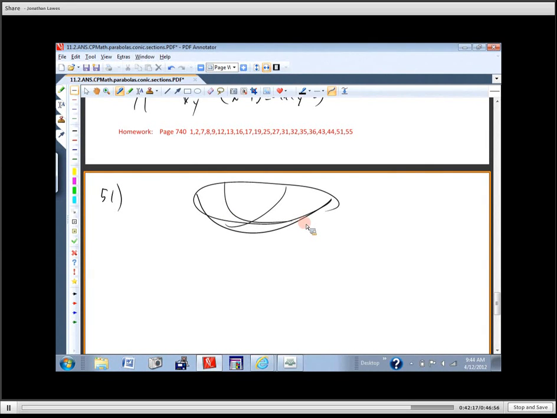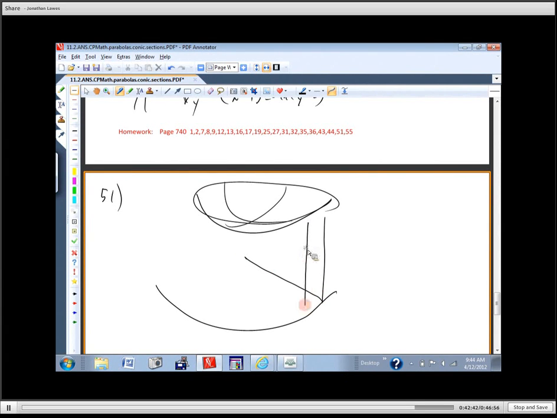So this is what we've got here. A satellite dish is shaped like a paraboloid of revolution. The signals that emanate from a satellite strike the surface of the dish and are reflected to a single point. Here's what happens, and I'll just draw this in 2 dimensions. The cool thing about a parabolic reflector is any light or any waves that come in here will hit and bounce to this point.